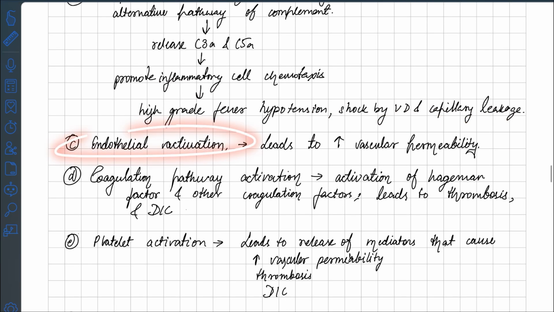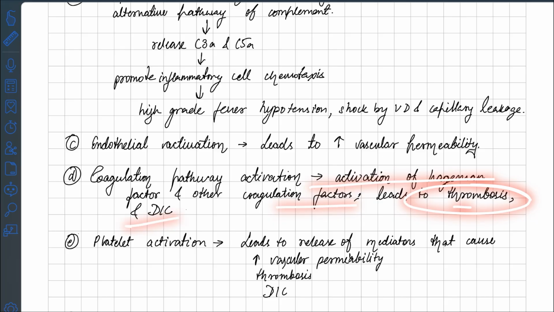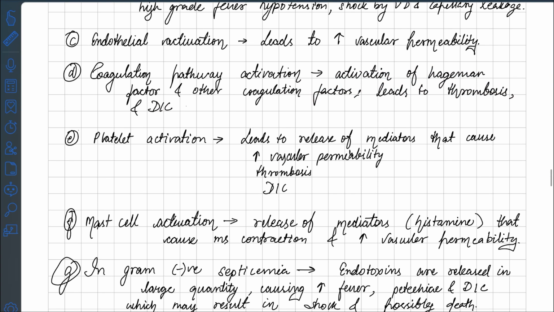There can be endothelial activation, increasing its permeability. There can be coagulation pathway activation, leading to activation of Hageman factor and coagulation factors, causing thrombosis and DIC. It can lead to platelet activation, releasing mediators which cause increased permeability, thrombosis, and DIC.